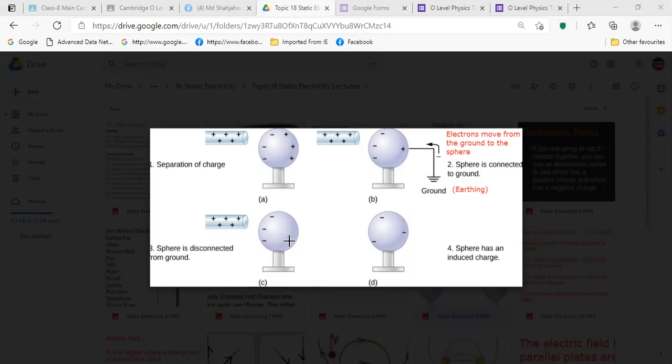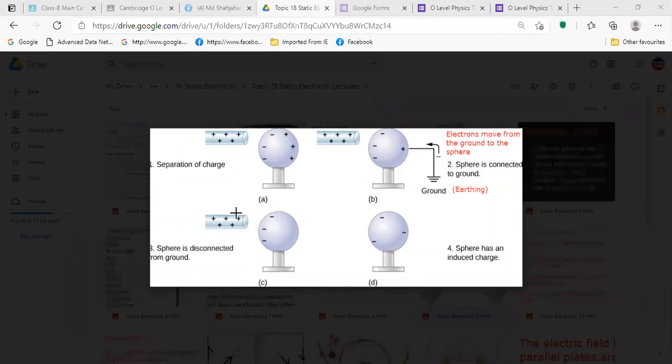Okay, sphere is disconnected from the ground, and when it is disconnected from the ground, still the positively charged rod is here. After the disconnection is done, at the last step, we are removing the rod away.